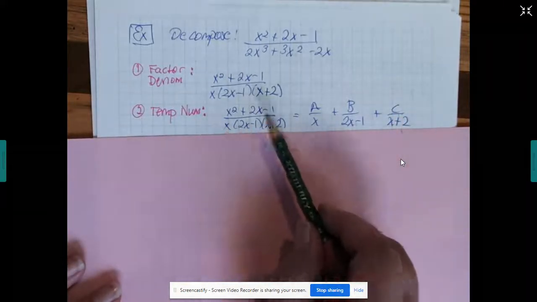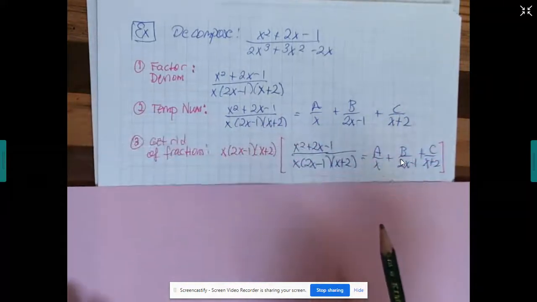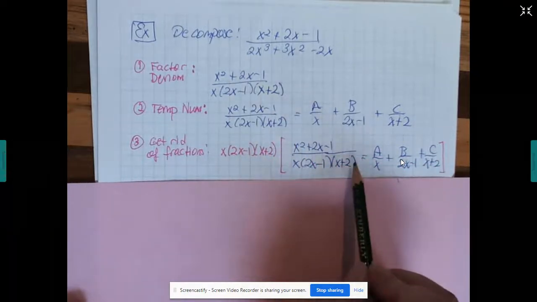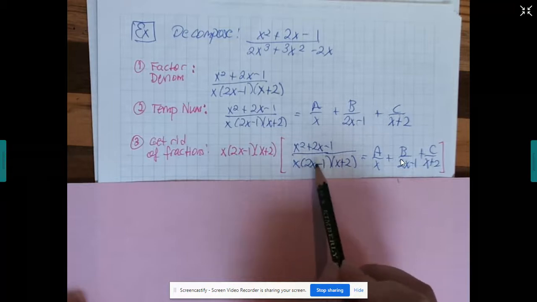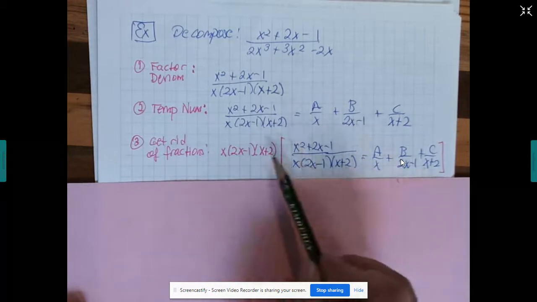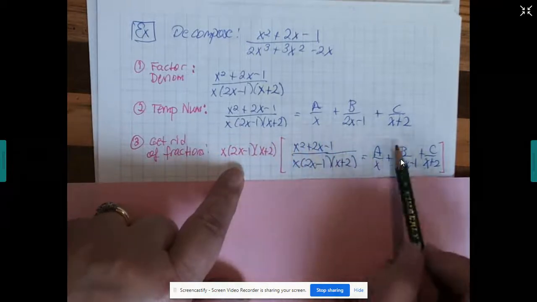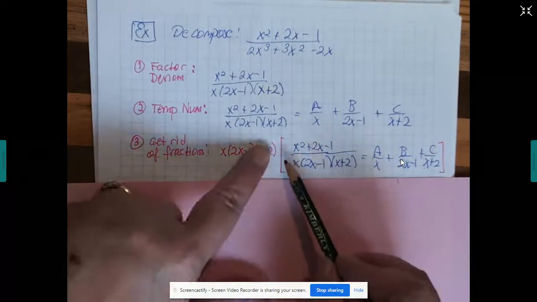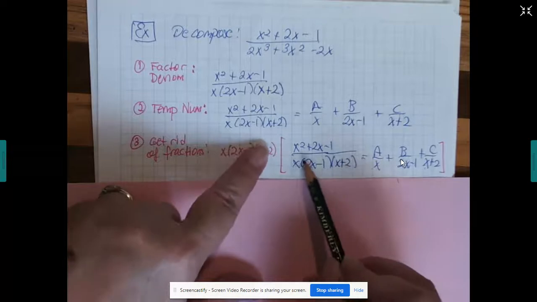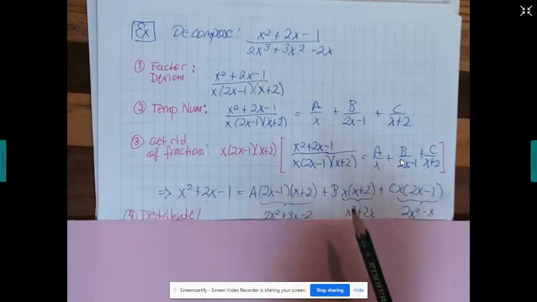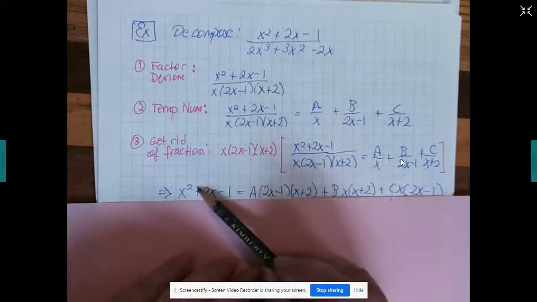Same idea, we want to get rid of all these fractions, so we're going to multiply by the common denominator, which is this one right here, right? It has all of these 3 terms in it. So you multiply it by this more complicated one, distribute it out, right? In the first case, all of those would cancel out, equaling 1, and you'll be left with just the numerator, which is that.